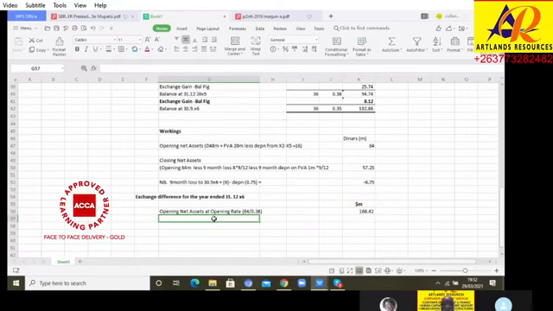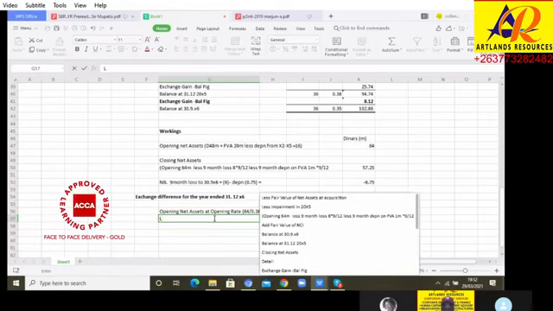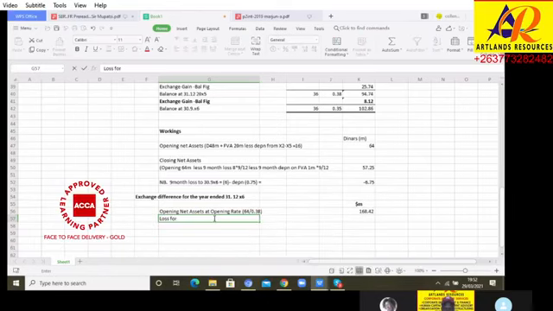Then I say loss for the year. Loss for the year is translated at average rate. Now there was a loss for the year, and the loss was 6.75 divided by average rate for 9 months to 30 September.